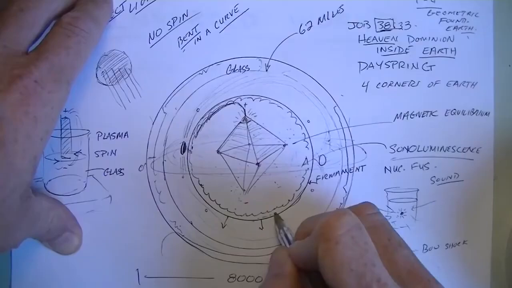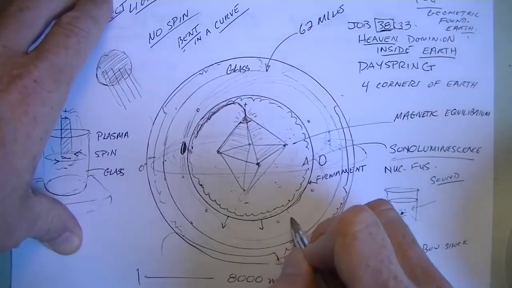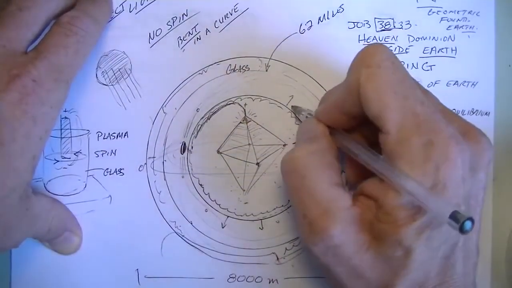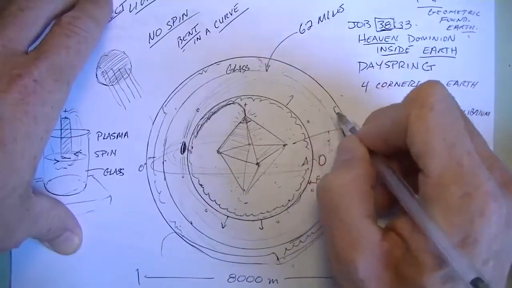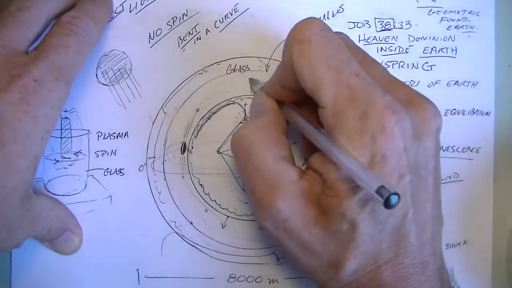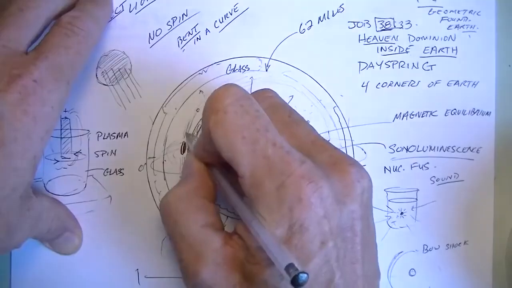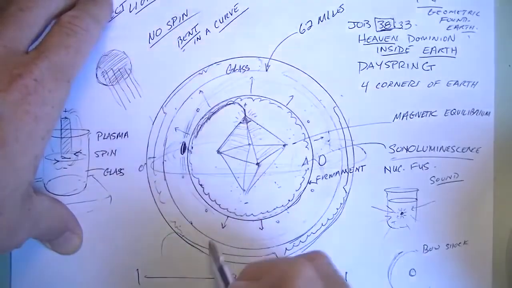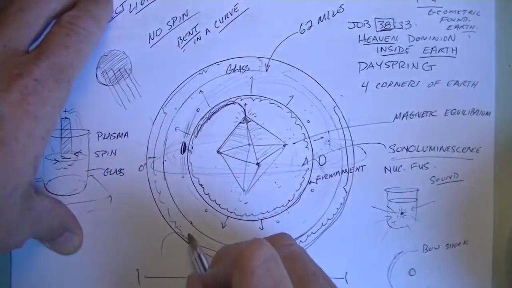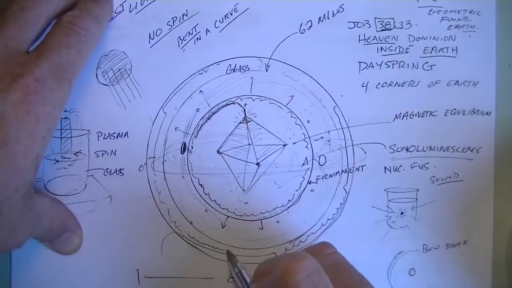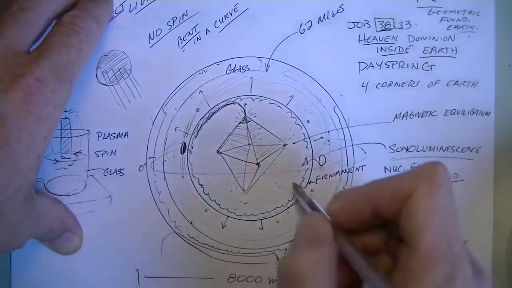So the windows, this glass firmament, broke apart, okay? And water gushed forth down to the lower ocean, the lower level of water. So it flooded. It went over every continent, okay?